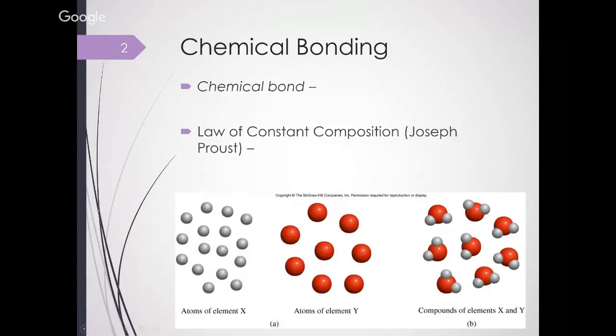For example, we know that hydrogen and oxygen can come together to form water. This says that for every water molecule, there will be one oxygen atom for every two hydrogen atoms.